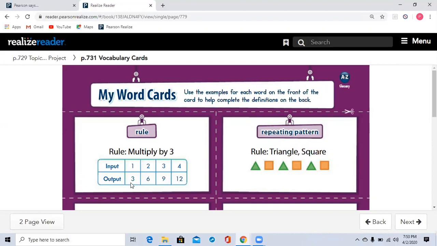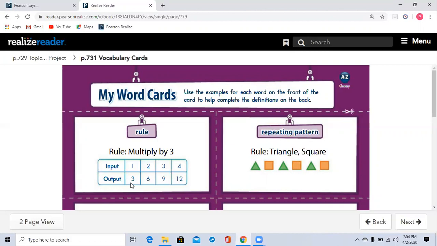A repeating pattern is made up of shapes or numbers that form a part of a repeat. Then we get a rule. A mathematical phrase that tells how numbers or shapes in a pattern are related is called a rule.